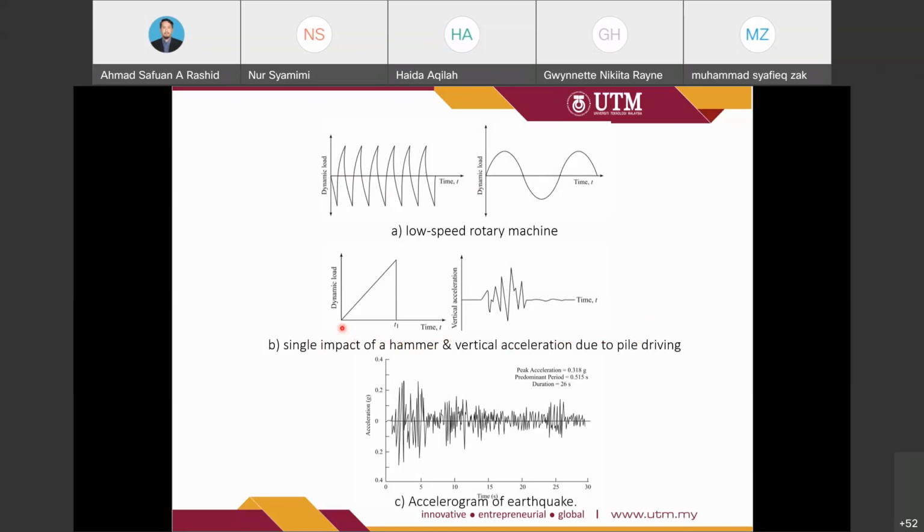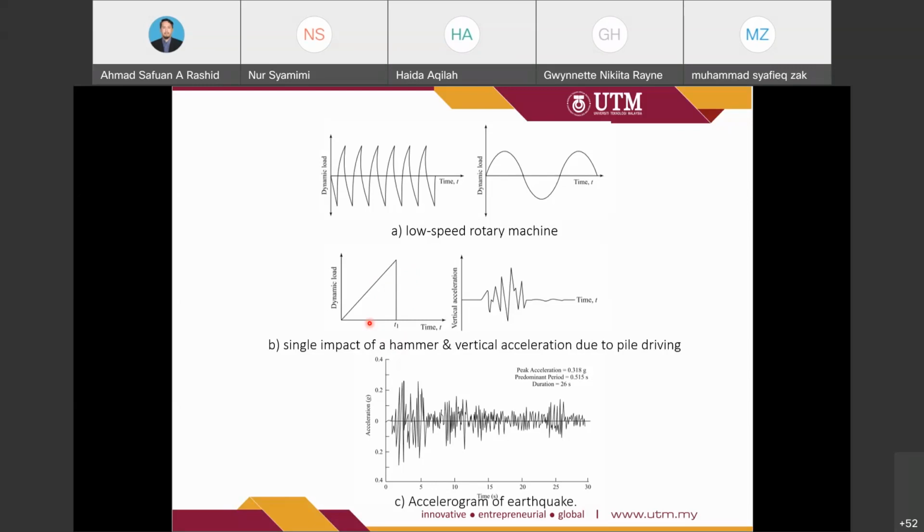We apply an impact of the hammer and look at the seismic feedback to understand the capability or capacity of the pile.